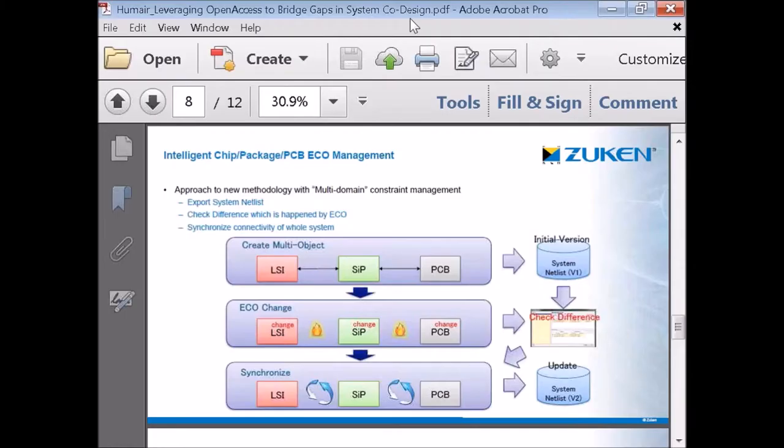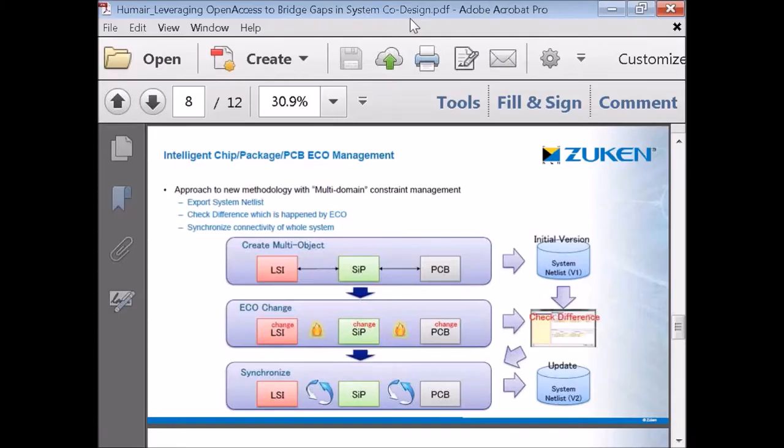That's not an efficient method. So we're looking at how do we manage the ECOs and how do we make sure that we check and approve any issues around managing the synchronization across all the domains you may have in your system. So this is some of the things that we're looking to solve downstream with the co-design environment.